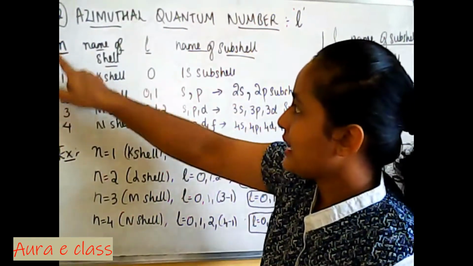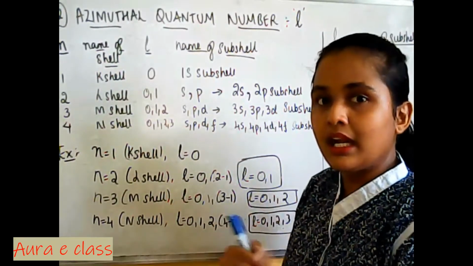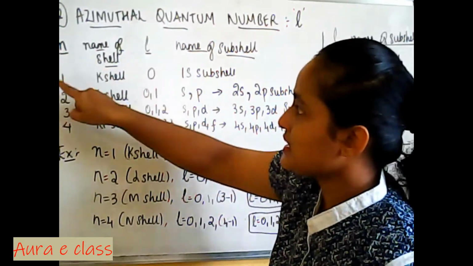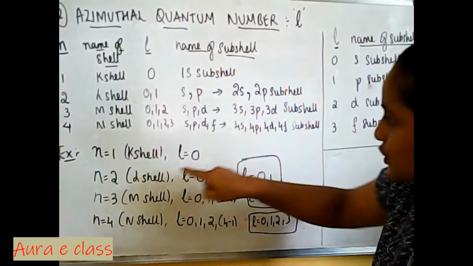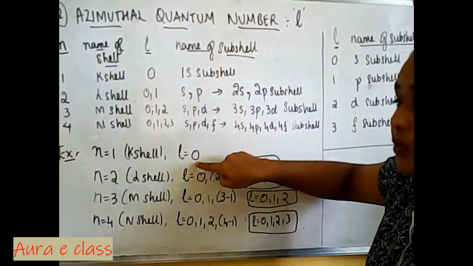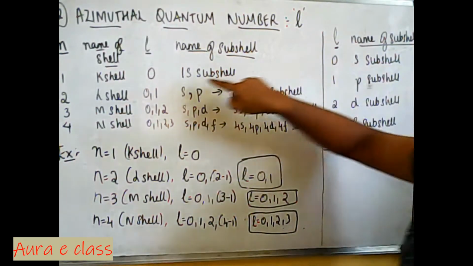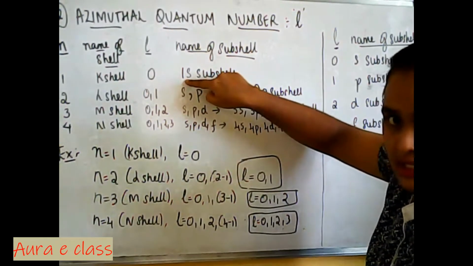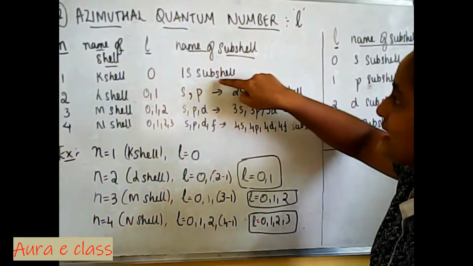What I did? Name of the shell: the first shell, which is immediately outside the nucleus, surrounding the nucleus, that is n is equal to 1. It is called K shell. From the calculations, I got my value as 0, L is equal to 0. What is the name of that subshell? It is s subshell. Now since it belongs to the first shell, as an indication, I will write it as 1s subshell.